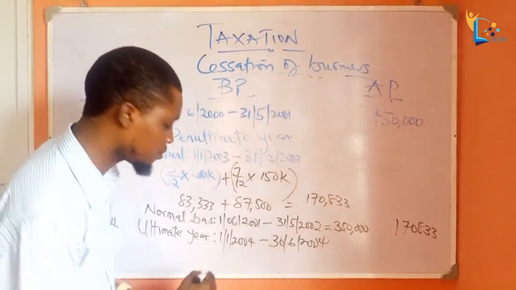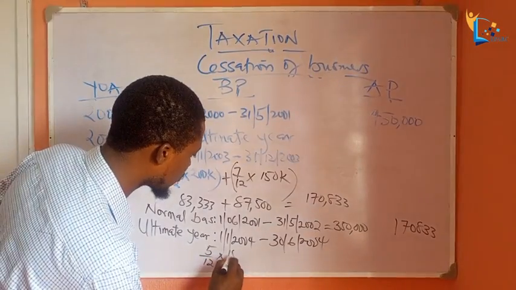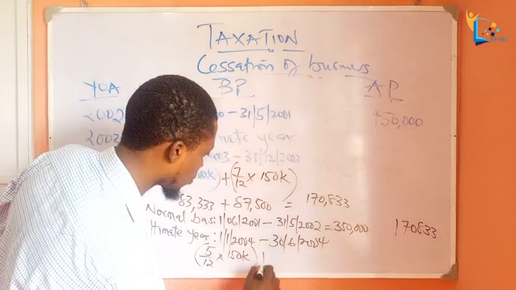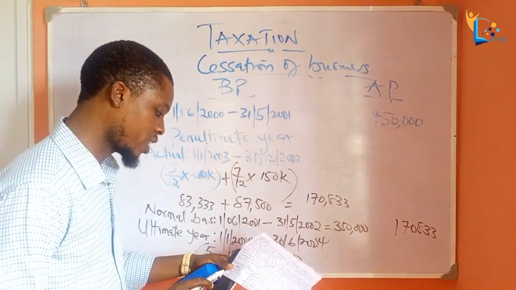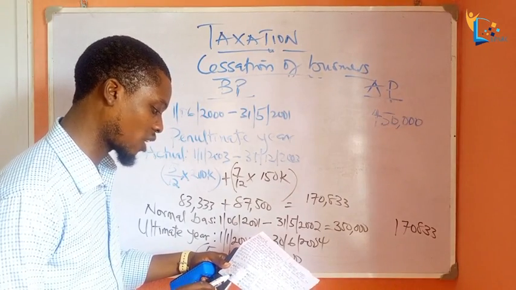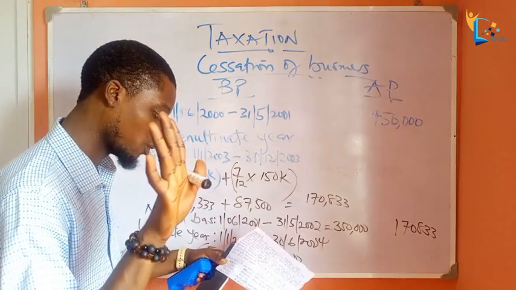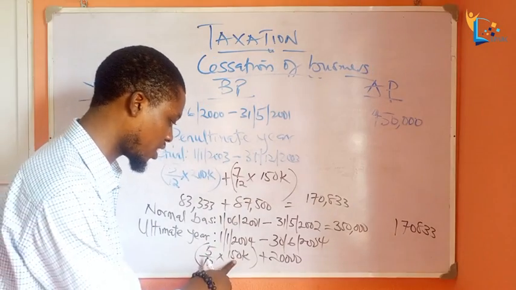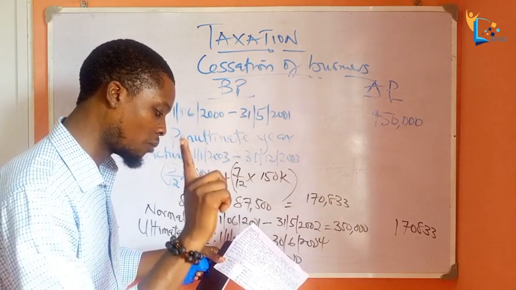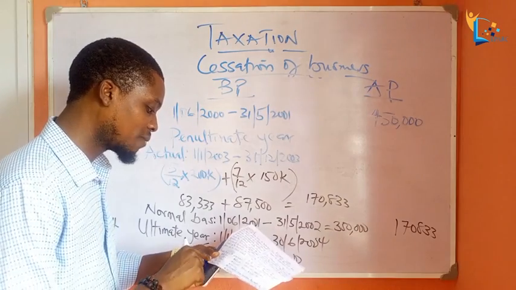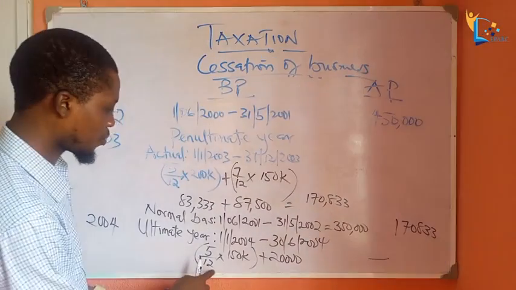So we'll have May, which is 5 over 12 times 150K, plus 20,000, okay? Because our question here says the period to 31st May 2004 is 150,000. So January, February, March, April, May, which is 5 months. So it will be 5 over 12 times 150K plus the period to 30th of June 2004, which is just 1 month and it's 20,000.